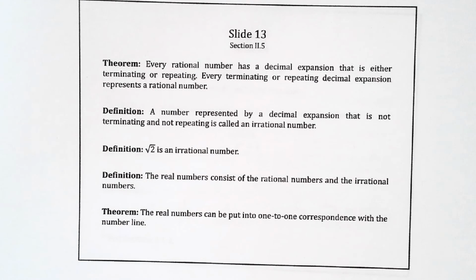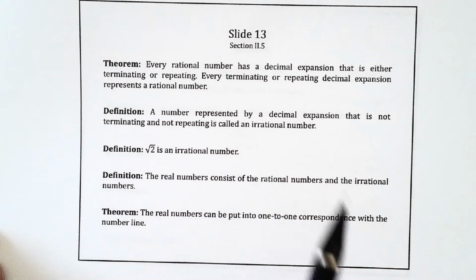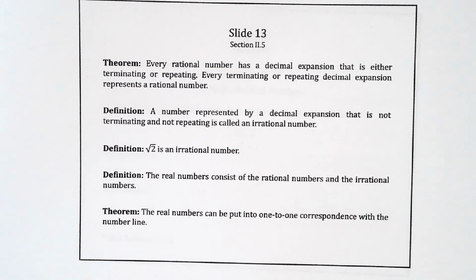A number that is represented by a decimal expansion that is not terminating and not repeating is called an irrational number. So the word irrational just means not rational. But in terms of the decimal expansion, it means that its decimal expansion is not terminating and not repeating.